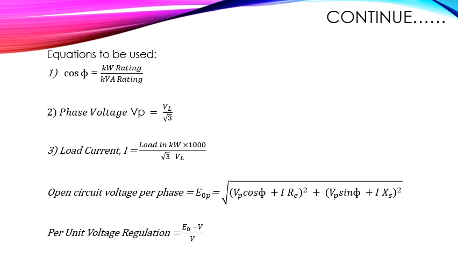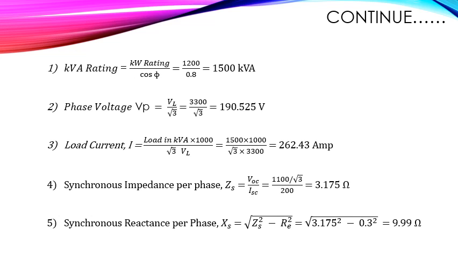Then finally the per unit voltage regulation is equal to (E0 minus V) divided by V. So all these are per phase values. Now we just put in the values and we'll get the answer.